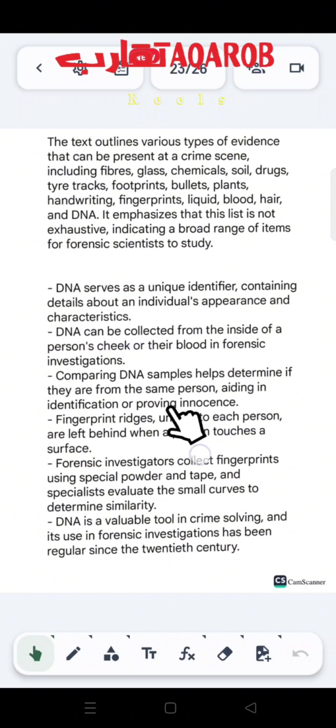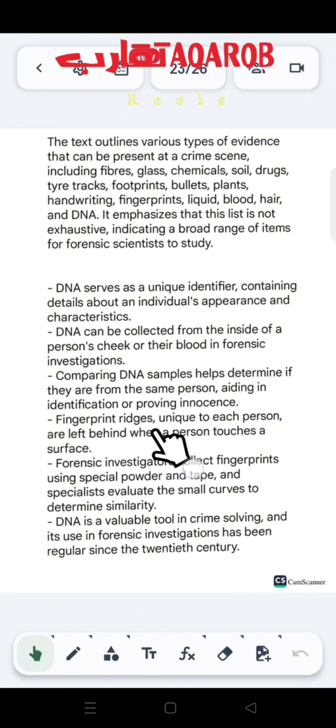DNA. Now, the paragraph that talks about DNA. DNA serves as a unique identifier containing details about an individual's appearance and characteristics. DNA can be collected from the inside of a person's cheek or their blood in forensic investigations. Comparing DNA samples helps determine if they are from the same person, aiding in identification or proving innocence.